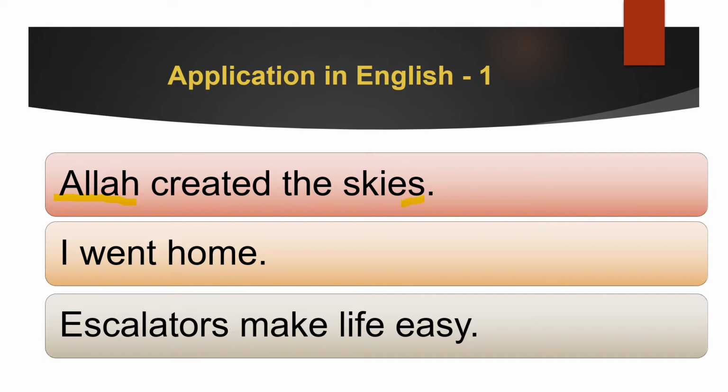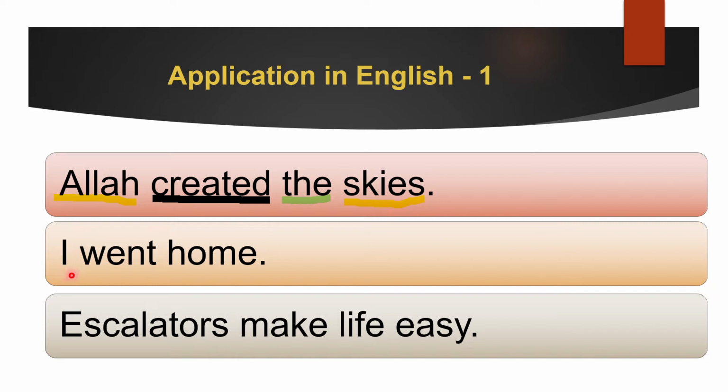So these 2 are yellow, which means these 2 are isms. Fi'l is black, and harf is green. So in the first sentence, we classified Allah as an ism, created as a fi'l, the as a harf, and skies as a noun. We learned why.